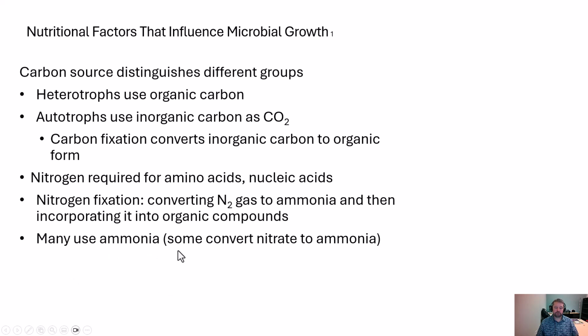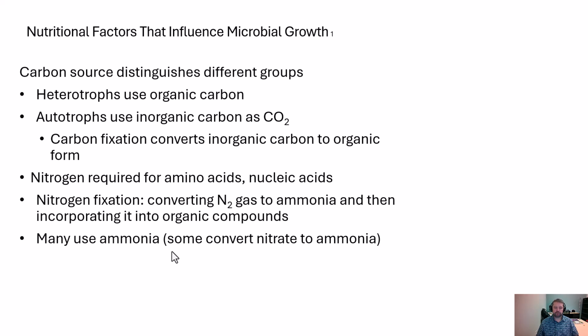Ammonia is pretty common, but I want to preface that it depends on the environment how they're converting it. They would convert nitrogen gas into a nitrite or nitrate, and then the nitrate or nitrite is converted into ammonia. For a lot of different bacteria, that's the conversion pathway.